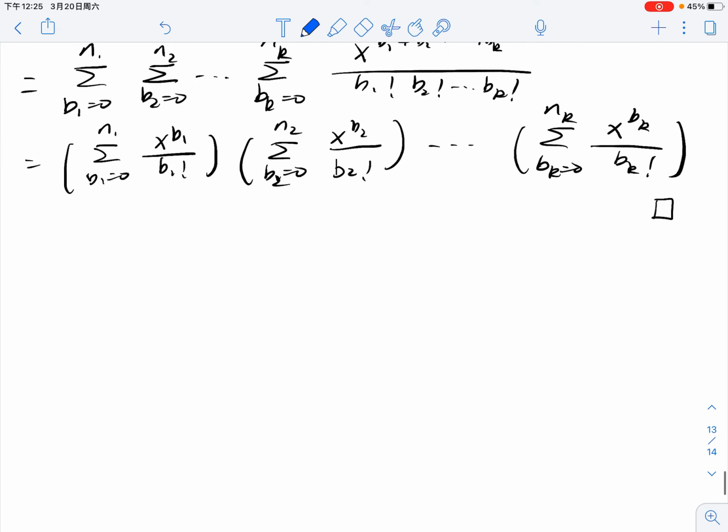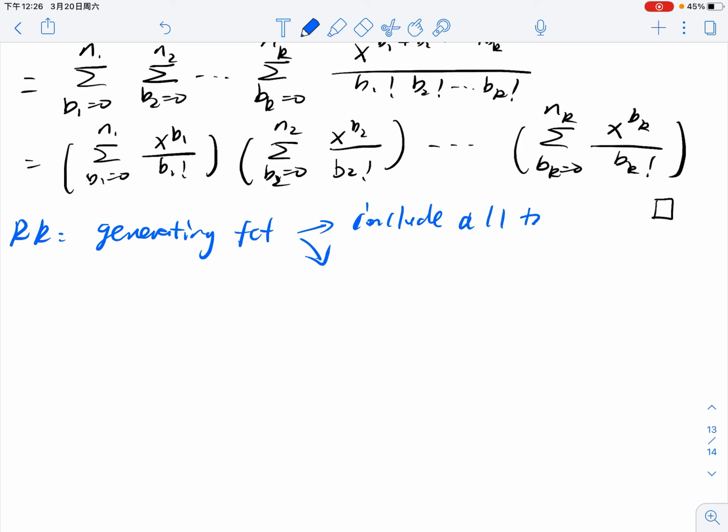So the big remark is that generating functions have two aspects. First, no matter which type of generating function, it includes all the information of the sequence H_n. So this is no doubt true, no matter which type you choose.